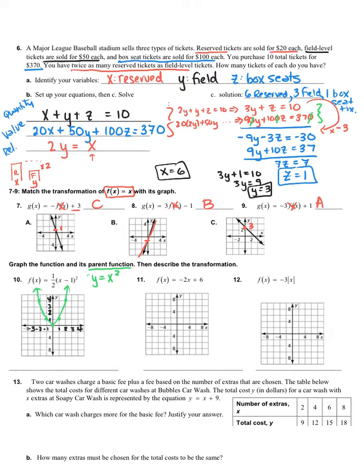This graph is going to dilate vertically by a half, and then shift 1 right. So dilating by a half means all your y values are going to come down by half of whatever they are, but keep the same x value.